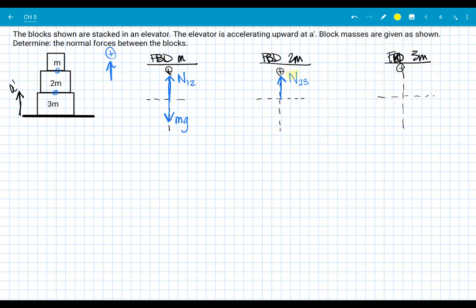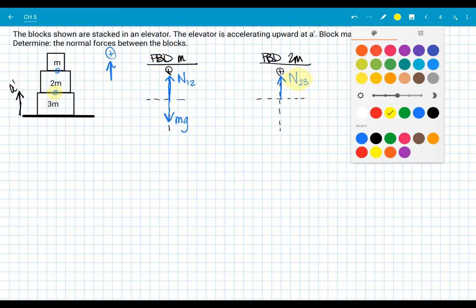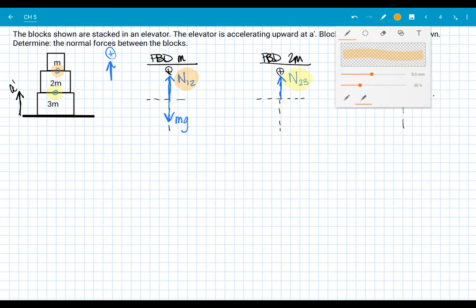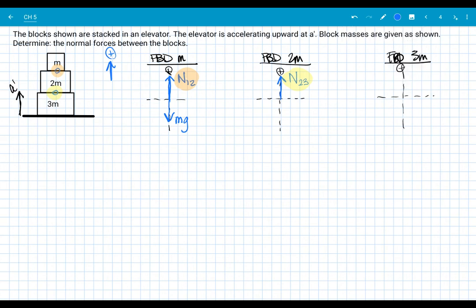This force, N23, is happening at the interface of 2 and 3, right there. Whereas this force, N12, is happening at the interface of 1 and 2, right there. So whenever we're using a normal force, we have to be keeping track of exactly which interface that normal force is related to.